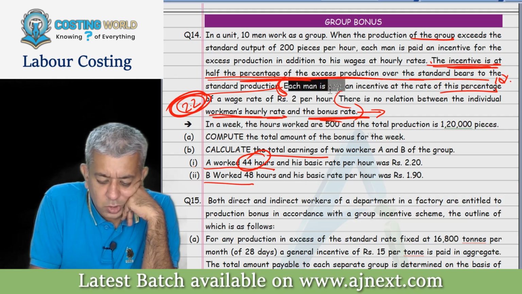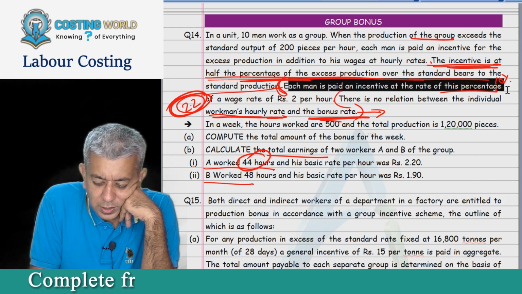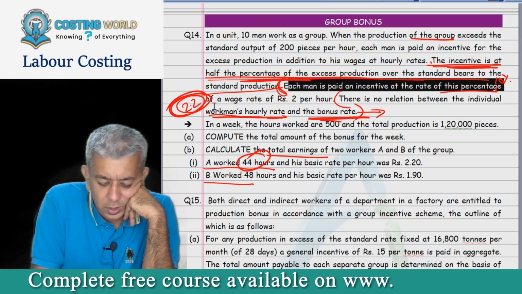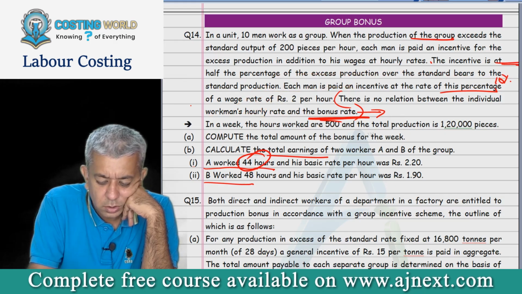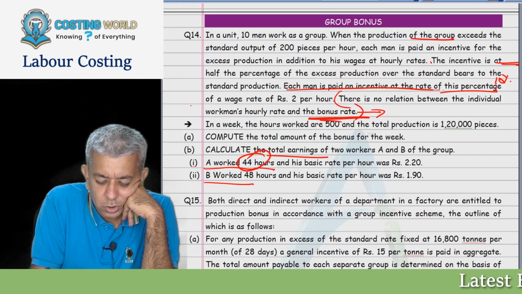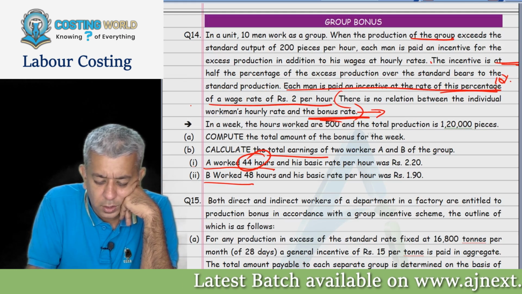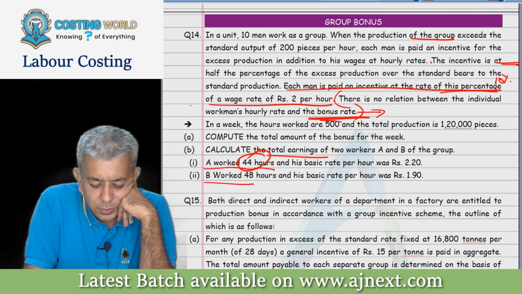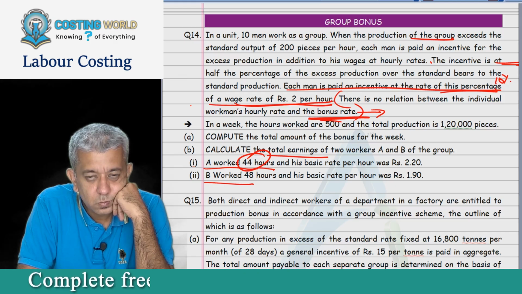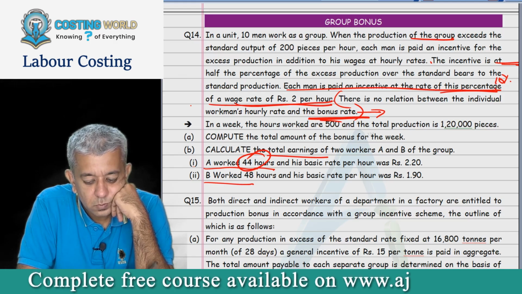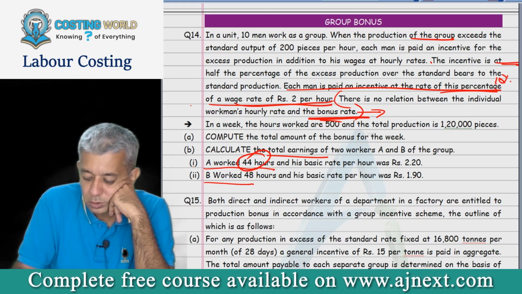Each man is paid an incentive at the rate of this percentage of wage rate of rupees 2 per hour. So that's what I did. Whatever is there in the question, I read this particular line and I did it. You apply 10% to the wage rate of rupees 2 per hour. How else to do that?